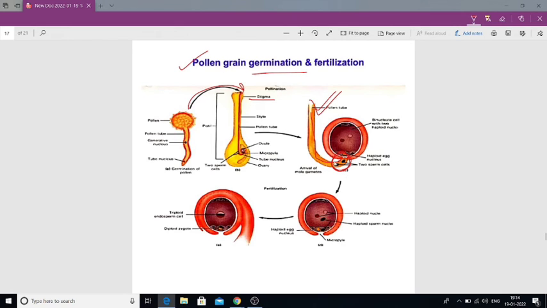Between these two, the first nucleus enters the ovule and the first fertilization takes place. After that, the remaining second nucleus enters, and the second fertilization takes place, right? So this is the double fertilization.